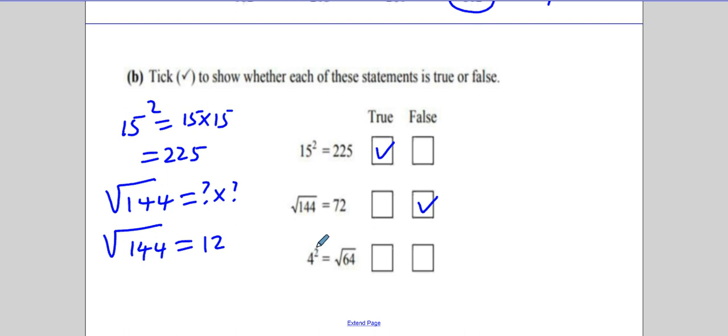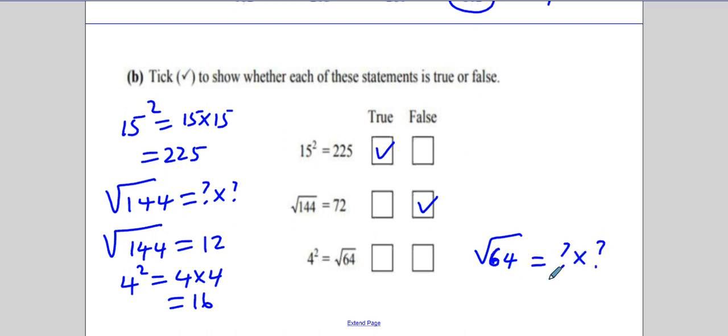How about 4 squared? 4 squared means 4 times 4, that equals 16, and here we have the square root of 64, which number times itself equals 64. That number is 8. So 4 squared is 16, and the square root of 64 is 8.